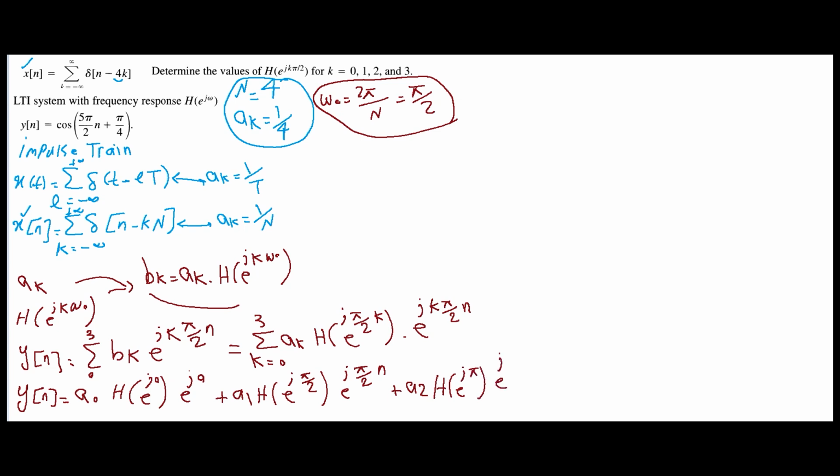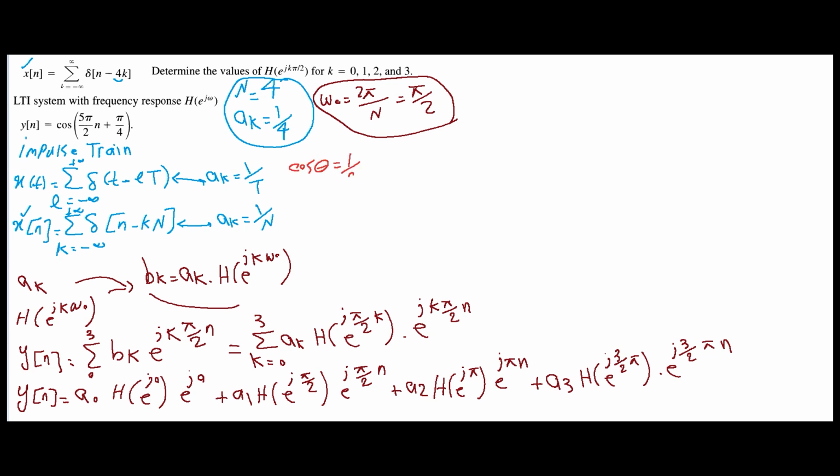For k equals 2, a2 multiplied by H(e^{jπ}) multiplied by e^{jπn}. Finally, for k equals 3, a3 multiplied by H(e^{j3π/2}) multiplied by e^{j3πn/2}. This is the Fourier series representation of the output signal.